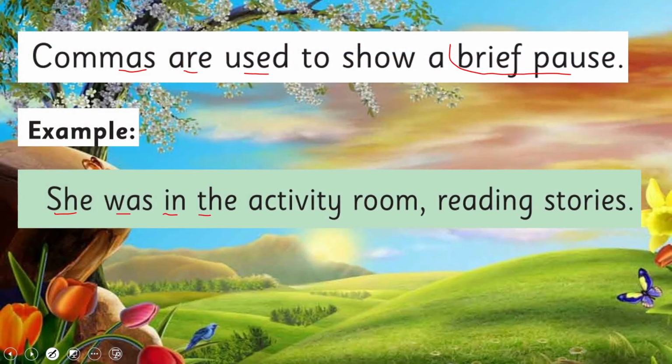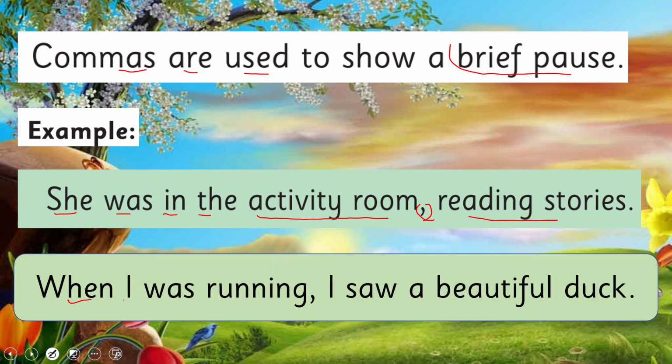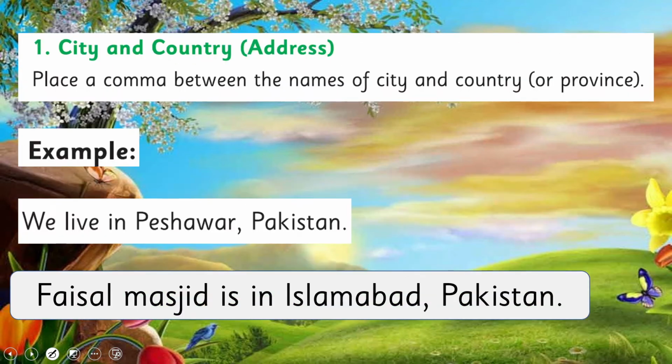She was in the activity room, reading stories. So we have separated it with a comma. When I was running, I saw a beautiful duck. Yes, there also you can judge that we have segregated by the use of comma. Two long sentences were there.